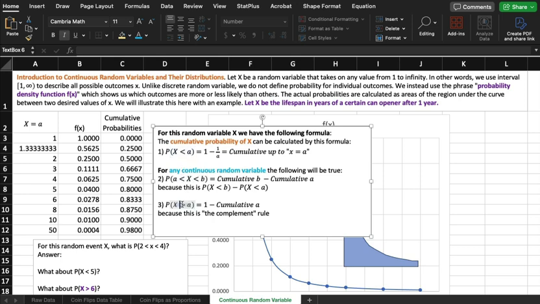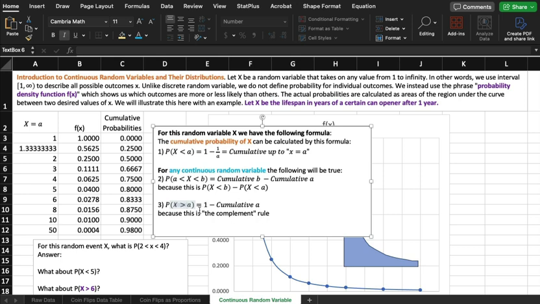Is it pointing to the right or is it pointing to the left? If it's pointing to the right, you want the area to the right. If it's pointing to the left, you want the area to the left. If we're looking at the area to the right, that's going to be using the complement rule, which is 1 minus the number in column C.